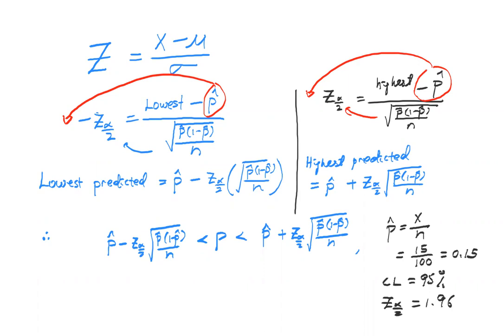Okay, you try to count, see whether you can get the answer or not. Hello, take out your calculator and count. Substitute in P hat as 0.15. Always, when you substitute into the formula, it must be a decimal.